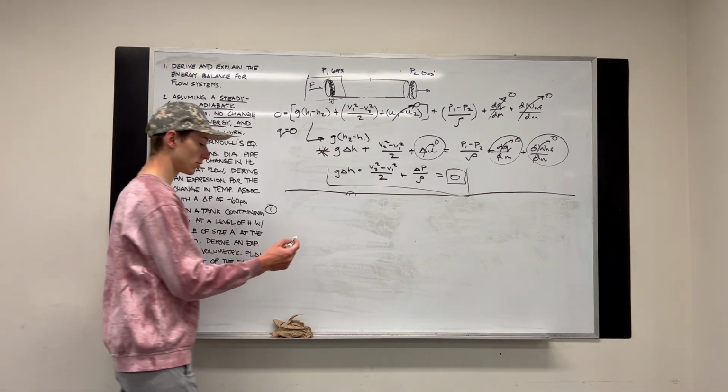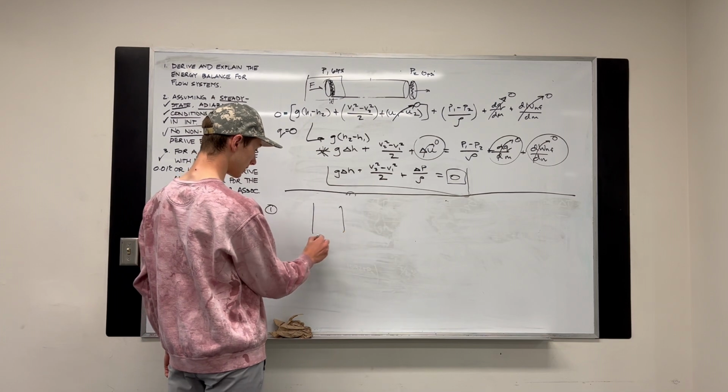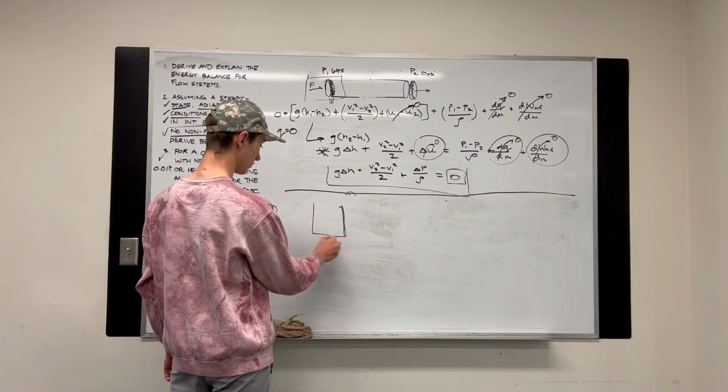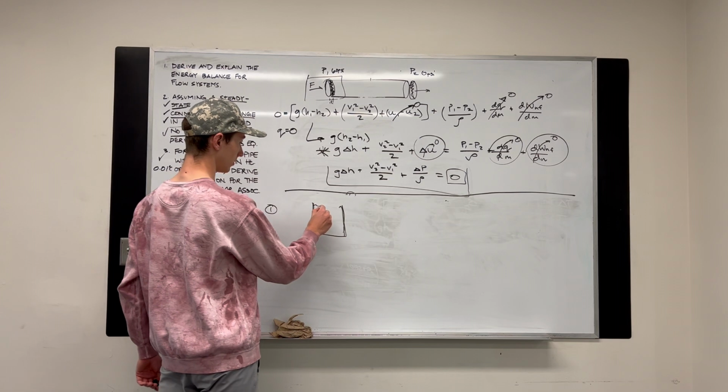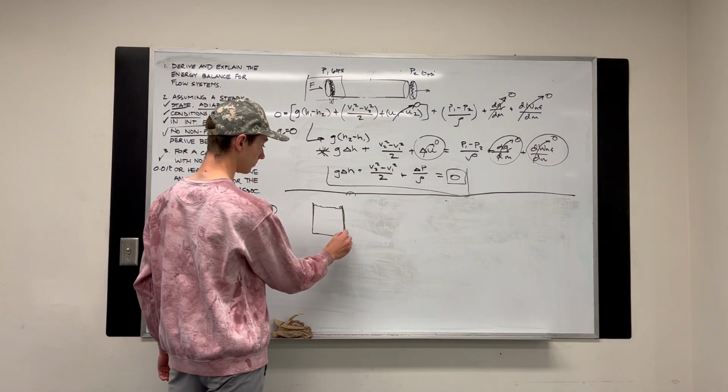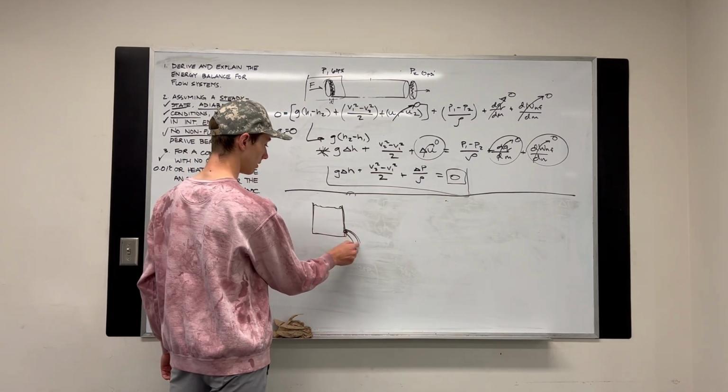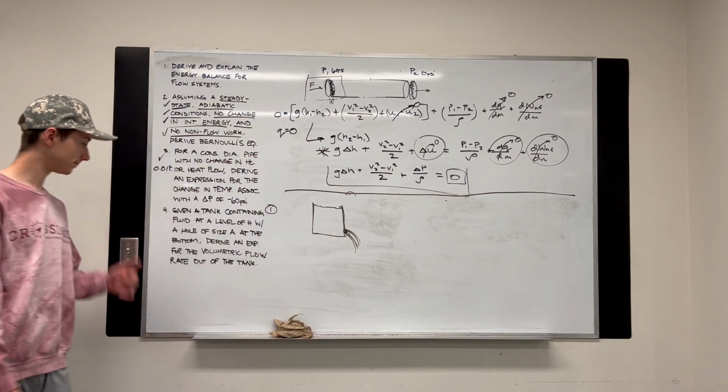Okay, let's go ahead and draw our tank. I'll just say it's sitting on the ground here. And there's some fluid in it, sounds like, with a hole at the bottom. So fluid's pouring out, right?